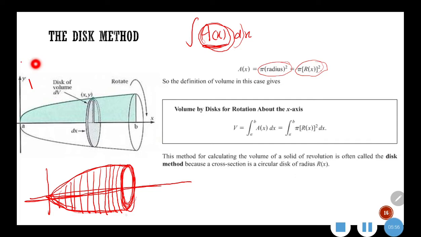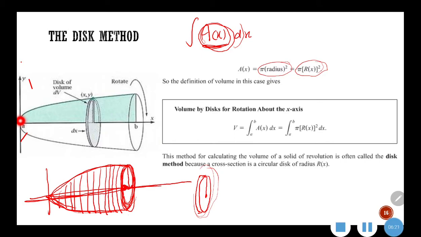Okay, we partition it, so if we take it out, we get only a small disc like this. So you may compute the volume for each of these discs, where its radius is from the axis of rotation here up to the curve.